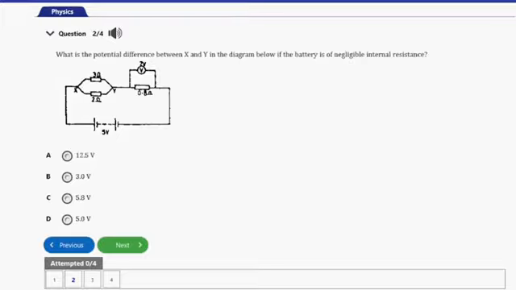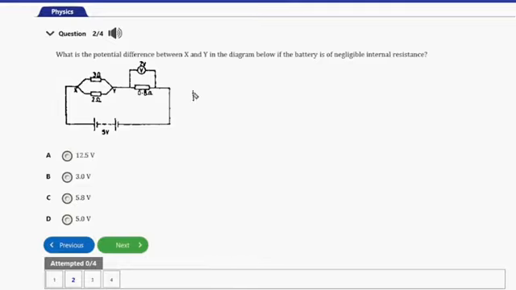Then we can get the total resistance of the entire circuit, and from there find the current. Once we have the current, we can use V is equal to IR again to find the potential difference across X and Y. Let's go ahead and do that together.